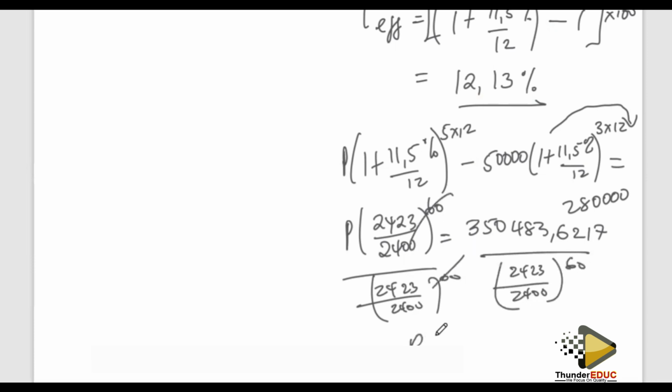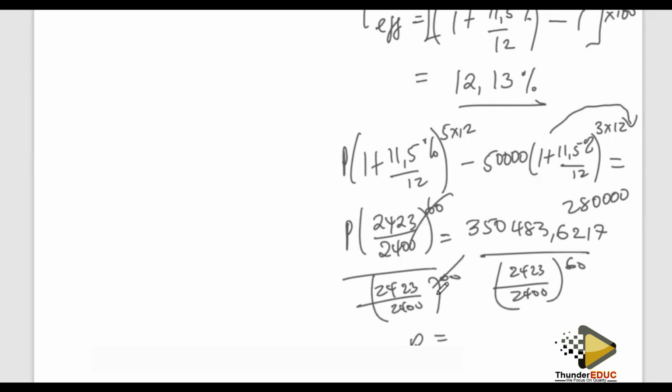That cancels that. And then what do we end up with? 2423 over 2400 to the exponent of 60.